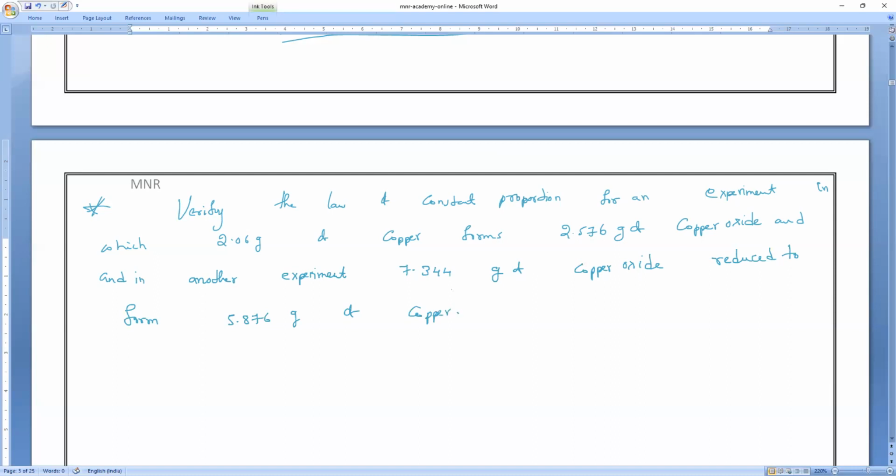See, in the first experiment we are getting from copper to copper oxide. In the second experiment, from copper oxide to copper. Have you observed that, everybody? I'm asking you to read the question twice, then only can we proceed further. Do you understand, everybody? Please respond, all of you. So in the first experiment, copper to copper oxide. In the second experiment, what are we getting? From copper oxide to copper.